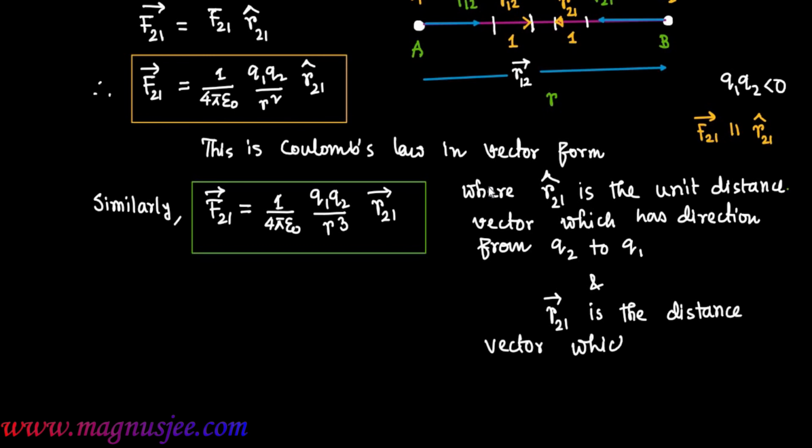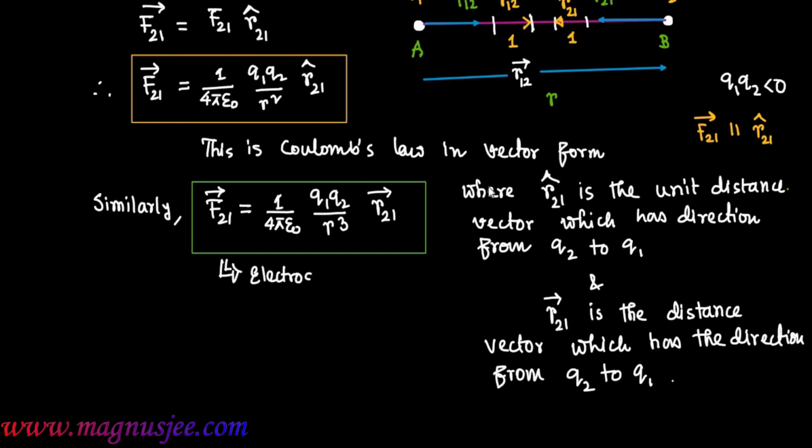Vector r21 is the distance vector from the charge q2, and vector r21 acts in the direction from q2 to q1, and vector F21 is the electrostatic force of attraction.